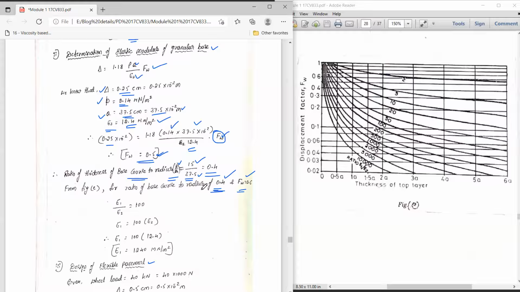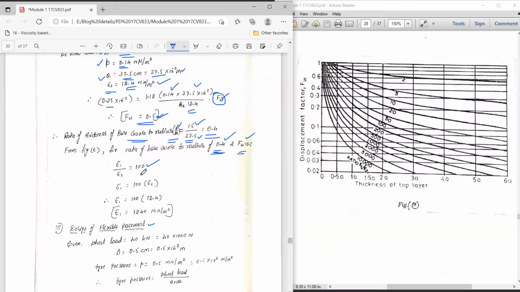So when you intersect this point, x-axis and y-axis, it will intersect on the curve E1 by E2 equal to 100. That intersection point will lie on the curve E1 by E2 equal to 100.